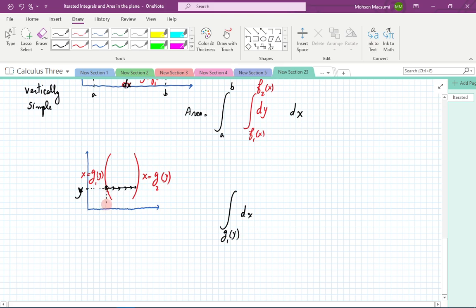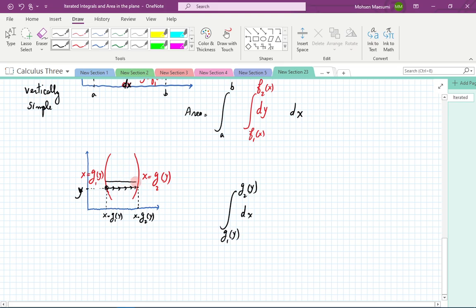So this x here is a function of y, and that's what we refer to as g1 of y. Then we go as far as this location, which is our terminal point, and that is g2 of y. So the sum of all these differentials from g1 of y to g2 of y is going to be the width of this rectangle.